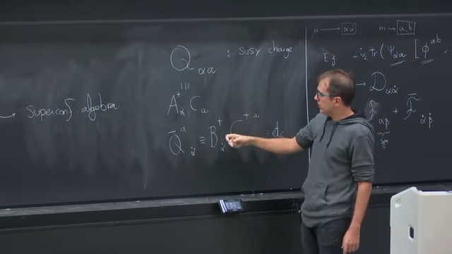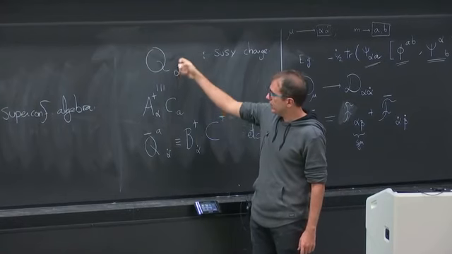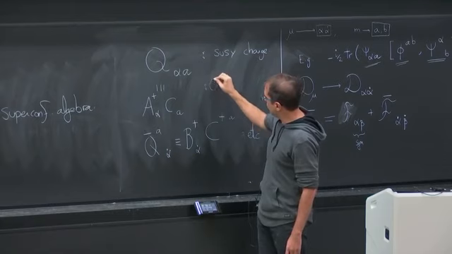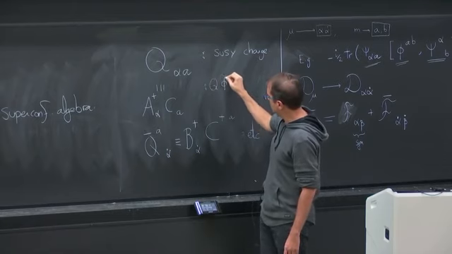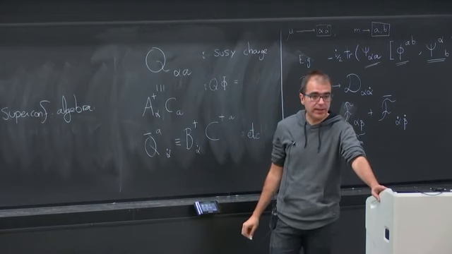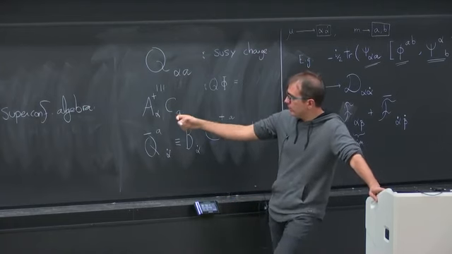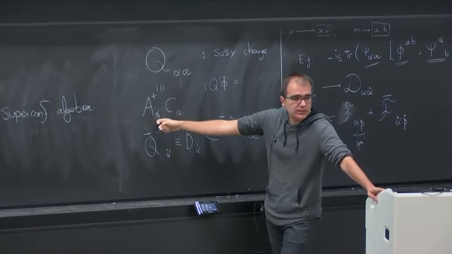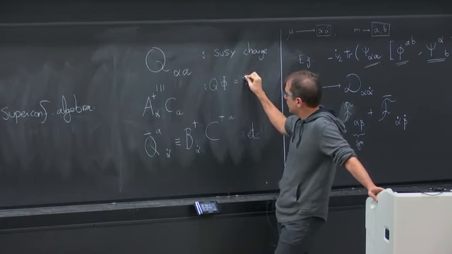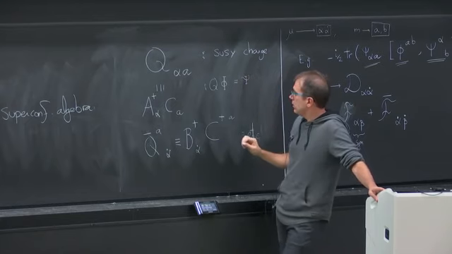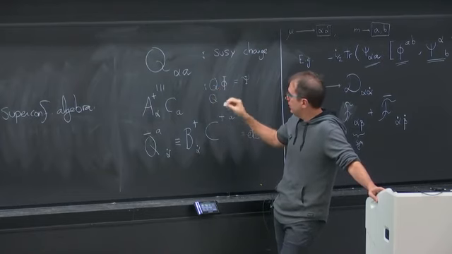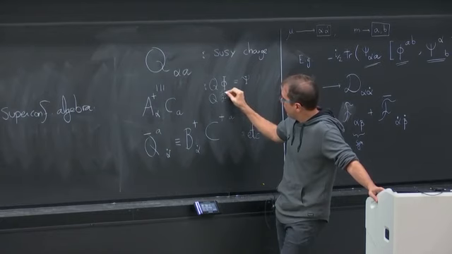So this one, for example, Q acting on a scalar would give what? Schematically, without caring much, Q removes an index A, puts an index alpha. Would give a fermion. Right? What would be, say, Q acting on F bar?